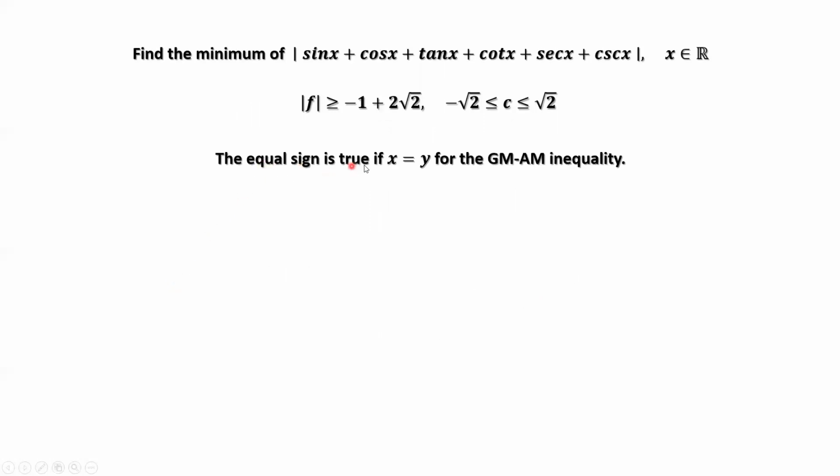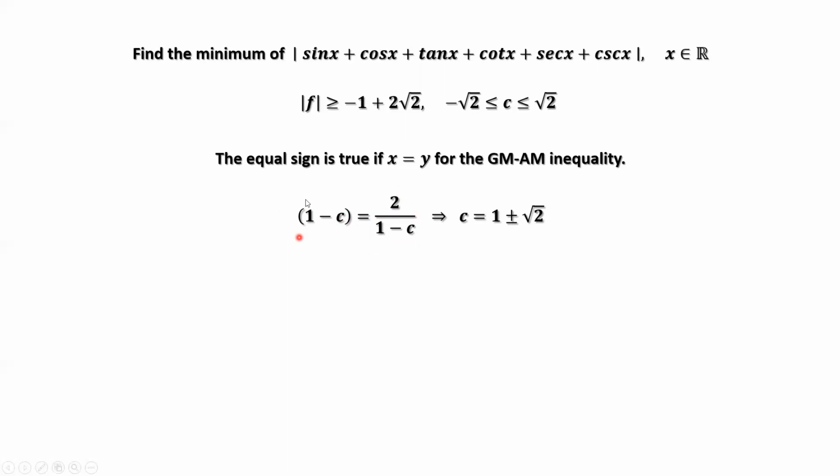The equal sign is true if x equals y for this inequality. In our situation, x equals 1 minus c, y equals 2 over 1 minus c. This is a quadratic equation. You can simplify this equation by multiplying both sides by 1 minus c.